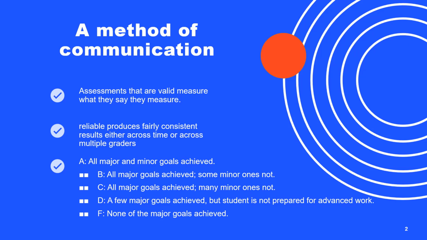And so when we look at the grading scale or we look at the letter grade assigned, if a student receives an A, it means that all major and minor goals of that assessment have been achieved. This is a good way to have a time of conversation in your class, or to have even the goals of achievement for your students before you even give the test. So perhaps you want to give your students something to study or a guide of how to study.